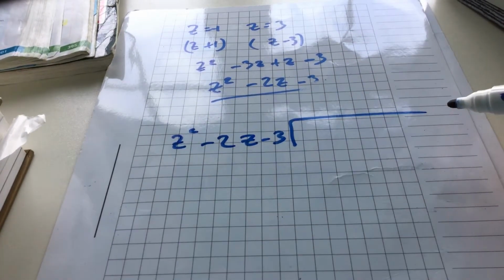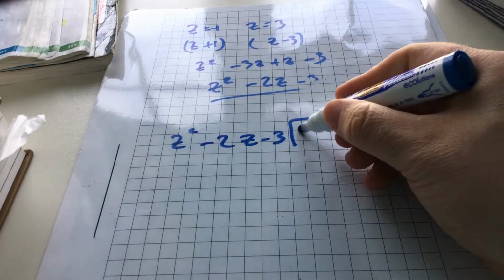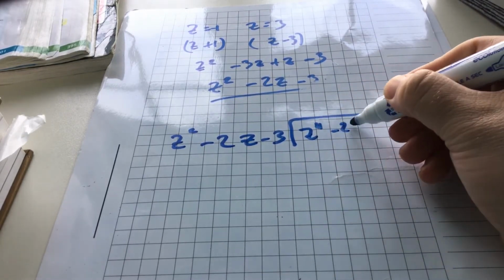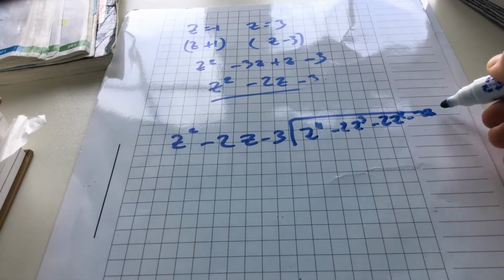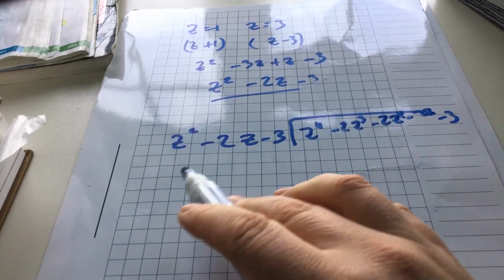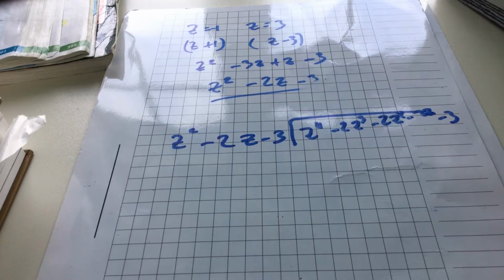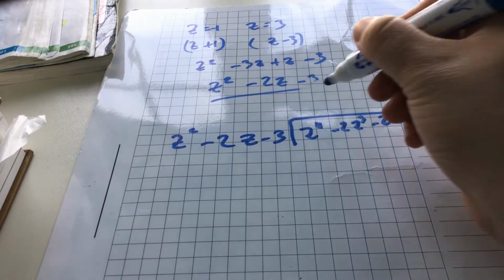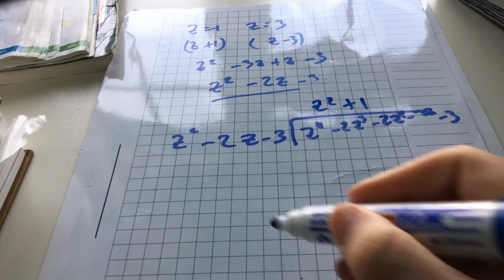So if I divide this into the original polynomial, which is z to the 4 minus 2z cubed minus 2z squared minus 2z minus 3, when I divide that in, that'll get me my complex roots. Now this gets me z squared plus 1.